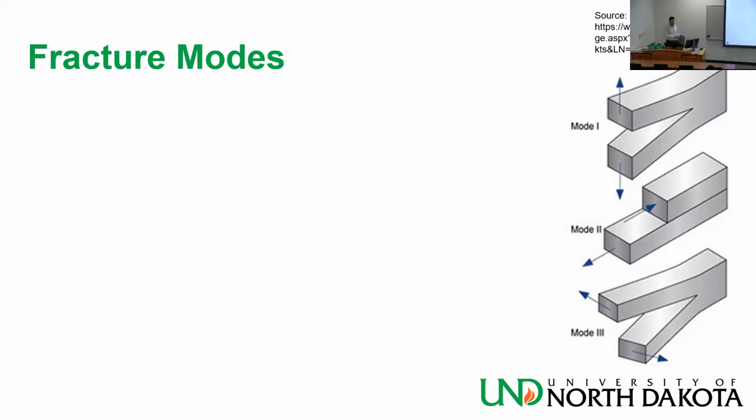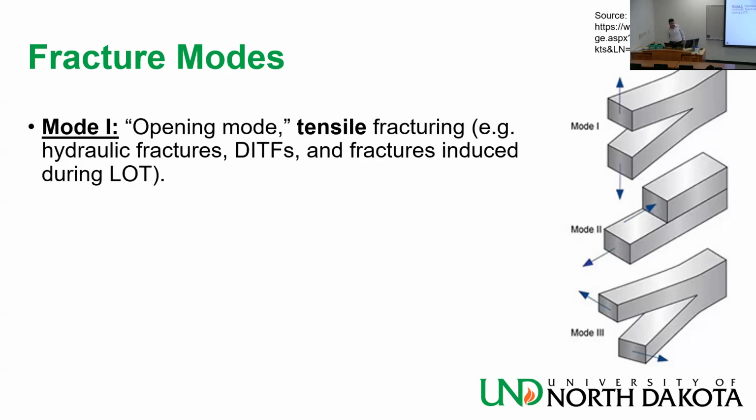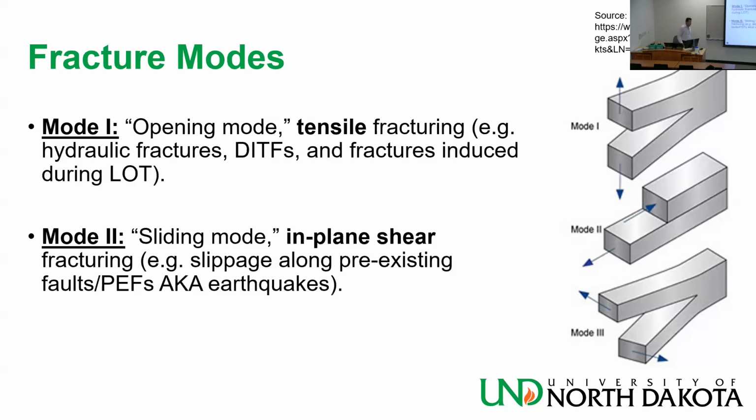But there are two more modes of fracture, which are shear. Like in-plane shear, which is mode two, the sliding mode, and then you have the twisting mode, which is mode three. Now, in real life, you never have a single mode of fracture.